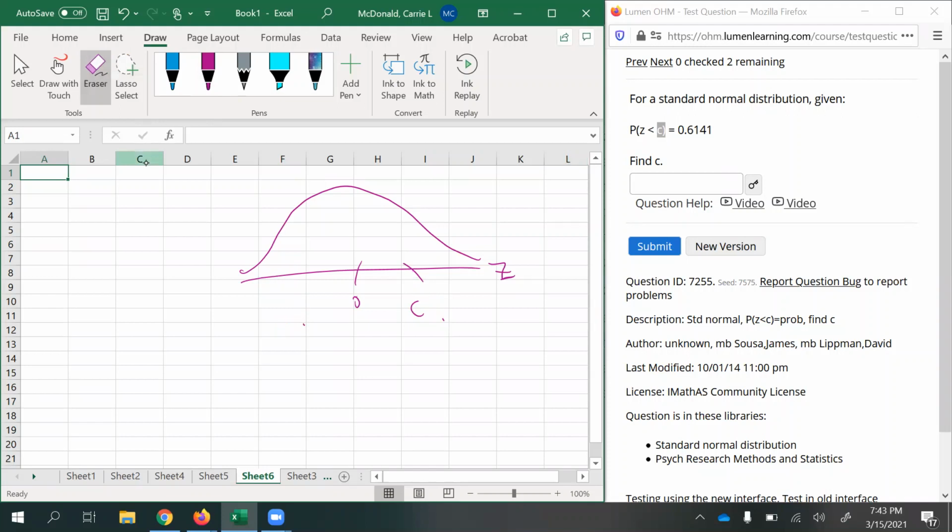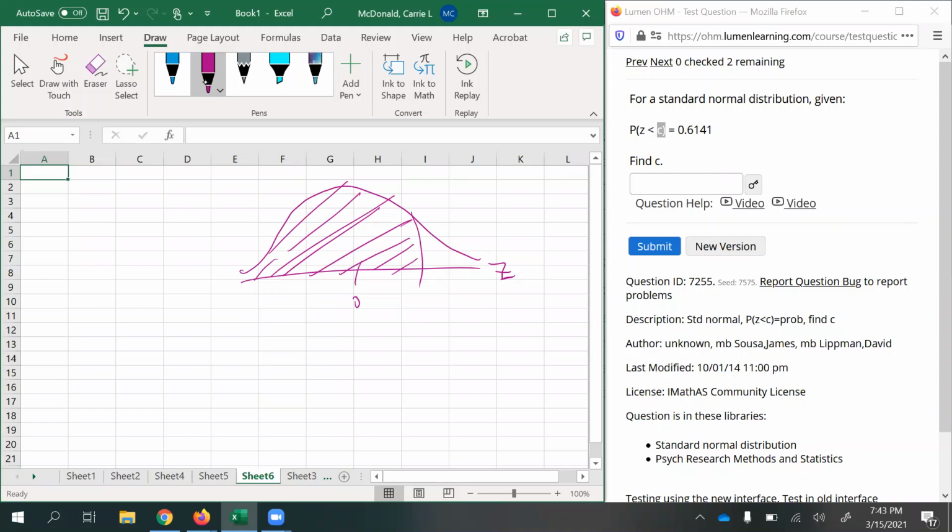Now, one way you can narrow it down is if the given probability is greater than half, that will tell you which side to put it on, combined with whether this is a left area or a right area. So this is a left area. You can see the less than symbol there. So being that I have a left shaded region that has to have an area of 0.6141, that means that the boundary has to be farther from the left.